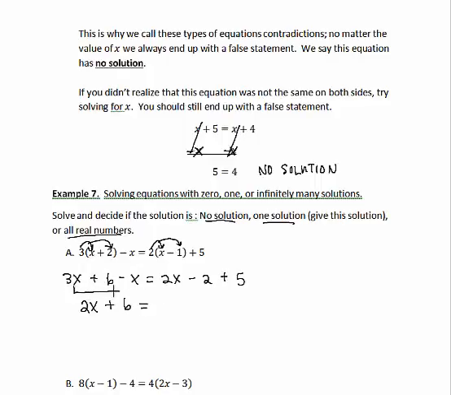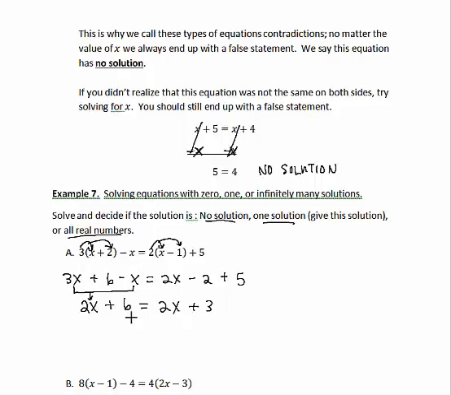So these two terms were combined to give us one term, 2x. On the right side, a -2 plus a 5 gives me 3. And now you see that we have a 2x on each side, but with a different number being added to it.